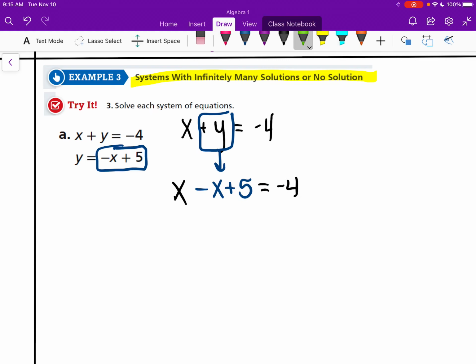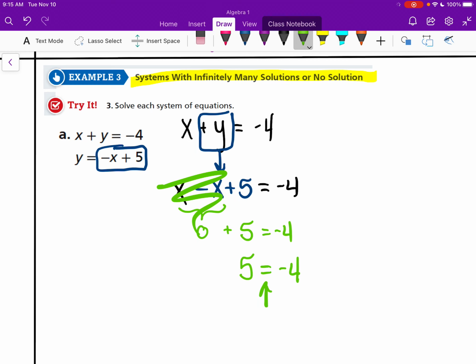Let's work to solve this. x minus x combines to be 0. There are no x's. And then we have plus 5 equals negative 4. So if we simplify that, 5 equals negative 4. Our variables have added to be 0 and gone away. And the only thing we are left with is the statement 5 is directly equal to negative 4.